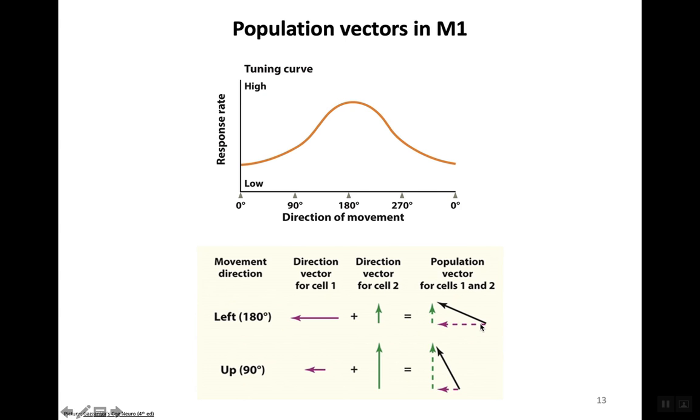And if you're thinking about this in terms of linear algebra, for those who are familiar with this, you can think of each neuron providing a vector in space. Each vector, as you might remember from your math classes, contains information about direction and also has a magnitude. In this case, magnitude is provided by the firing rate of a neuron.